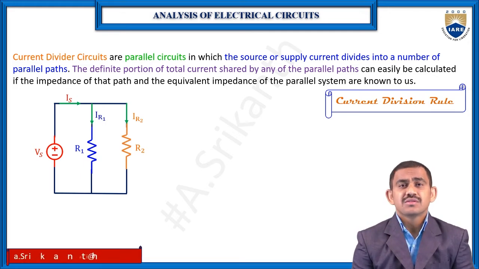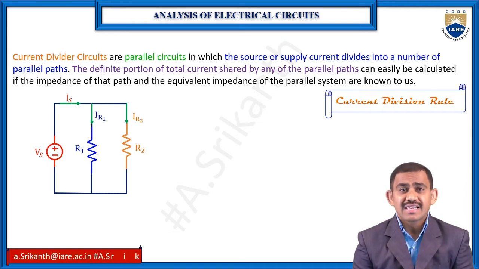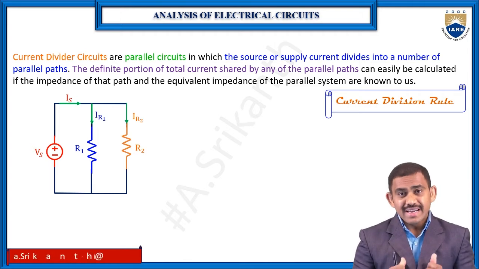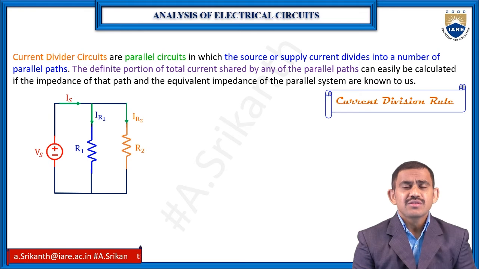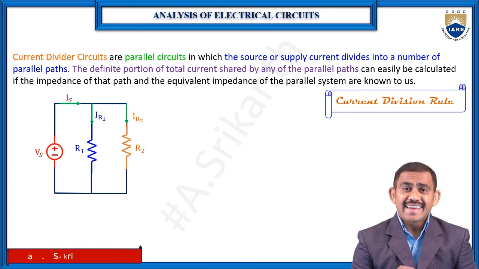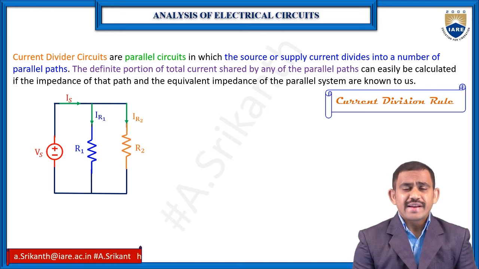In our home also, every equipment, TV, fan, fridge, everything is connected in parallel. If you know the source current value, you can get how much current every equipment is consuming. Same thing here. If I know the Is value, you can find out the IR1, IR2 values. For this we have the direct formula. We will find it out now.